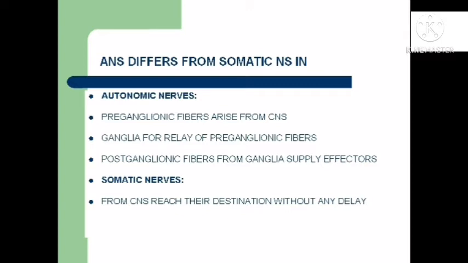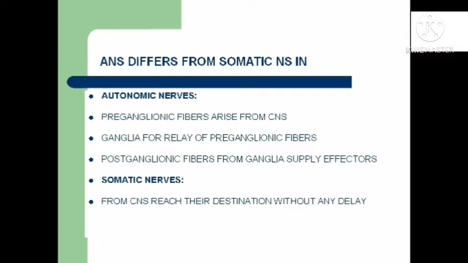Some differences in the autonomic nerve fiber and the somatic nerve fiber. The autonomic nerve fiber, when it leaves the central nervous system, relays or synapses in a ganglia. Then it leaves the ganglia and reaches the effector organ. The fiber before the ganglia is called preganglionic fiber, and it is myelinated.